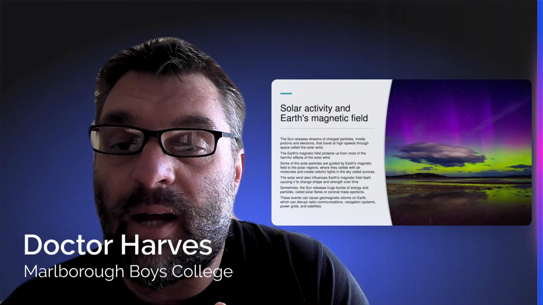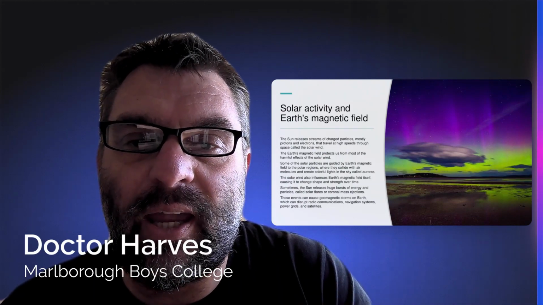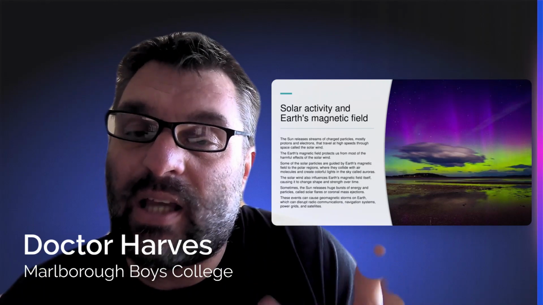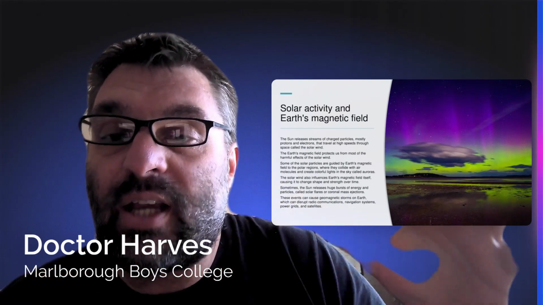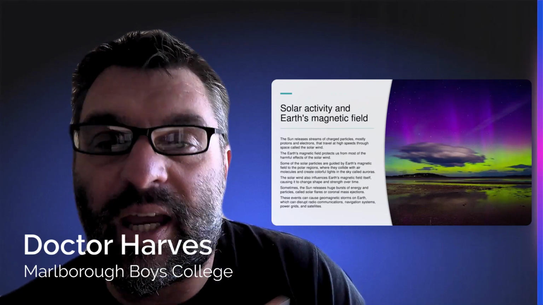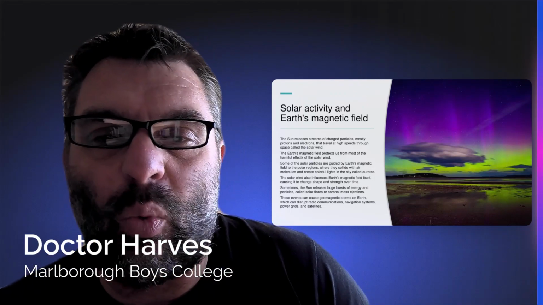So finally, the Earth also has a magnetic field, and the sun ejects high-speed particles, plasma, in the form of protons and electrons. This is known as a solar wind.